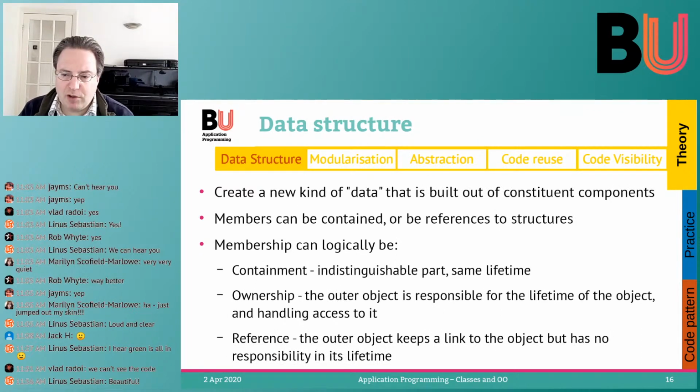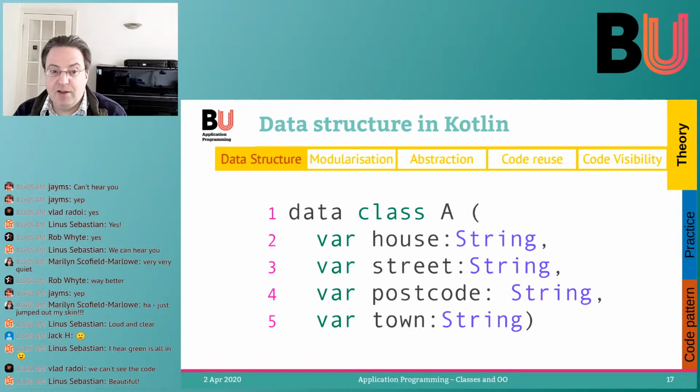So a data structure is basically just something where you group data together. It's fairly simple. It is where you want to look at, okay, how does this data work together? How is this structured? An example of such a thing would be, and this is in Kotlin, a data class.